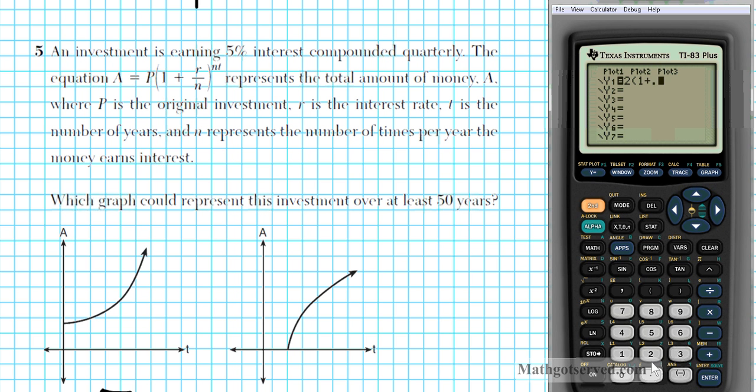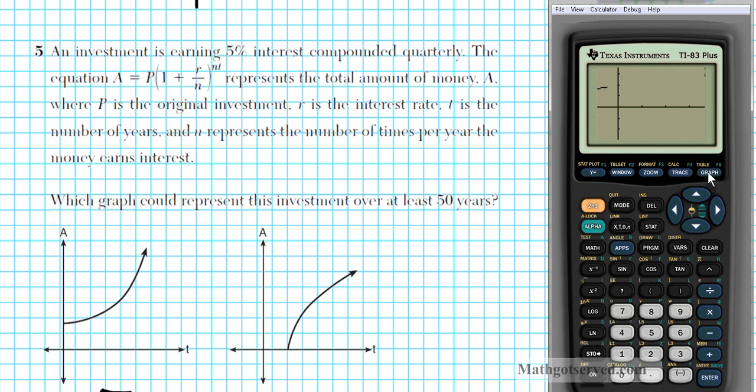Let's say the rate is 0.2, right? 0.2 over 5 raised to the 5x. Okay, so this is an example of an exponential function. Let's put the power in parentheses so we do not have a grouping error here. So parentheses 5x.